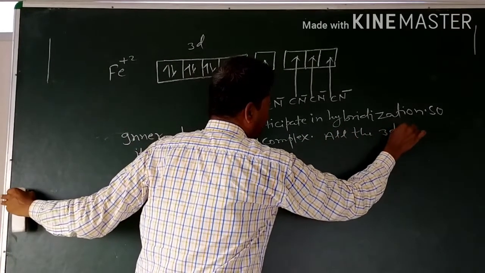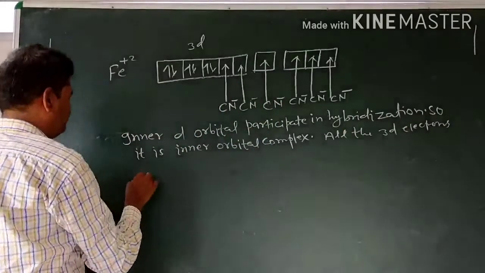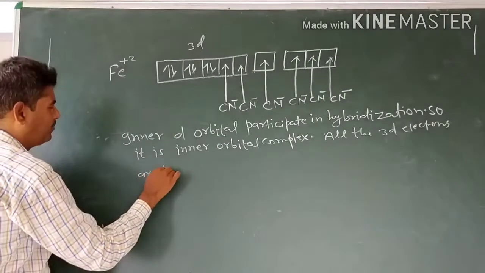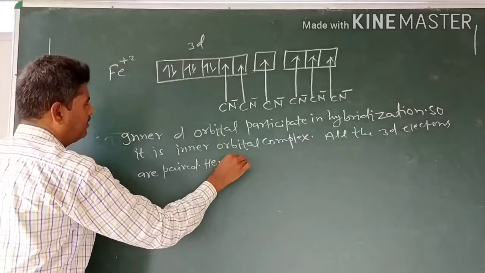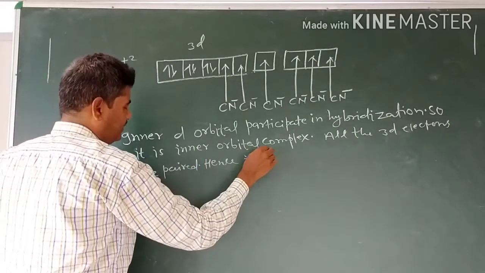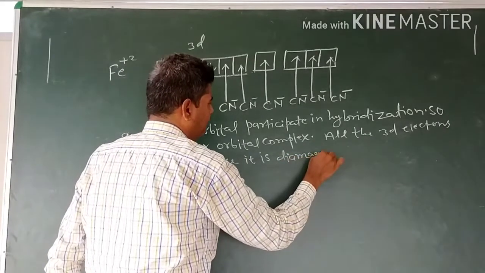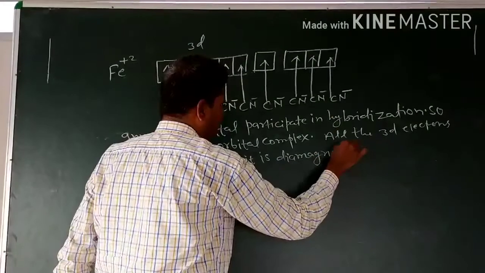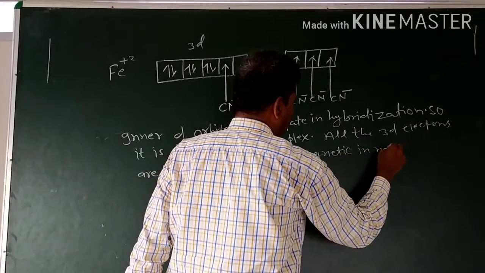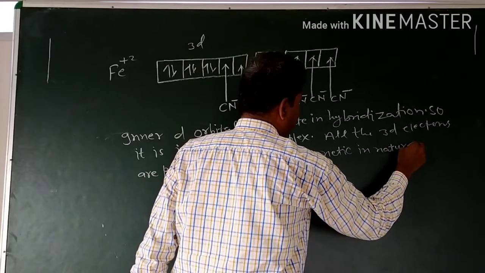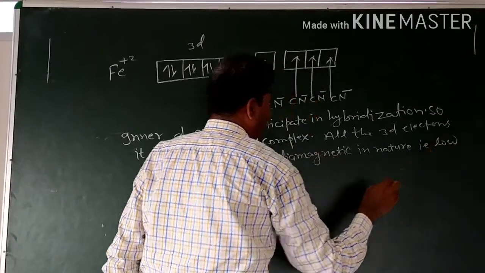All the 3d electrons are paired, hence it is diamagnetic in nature, that is, a low spin complex.